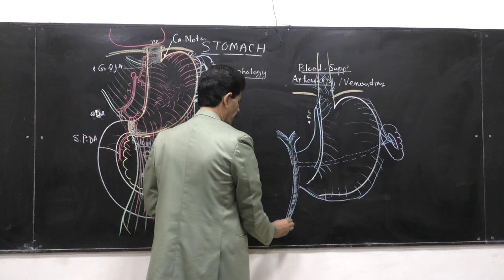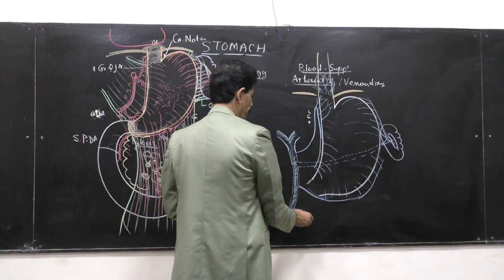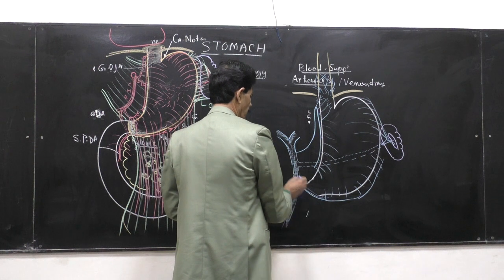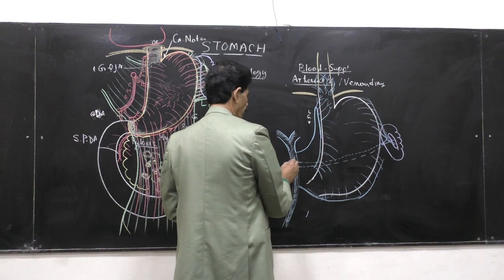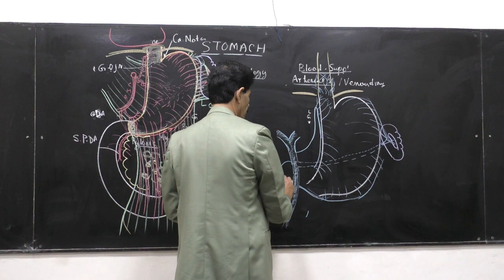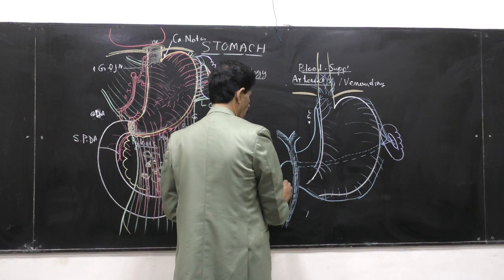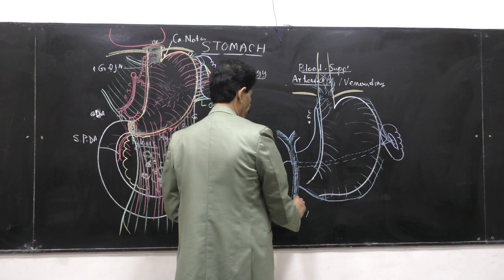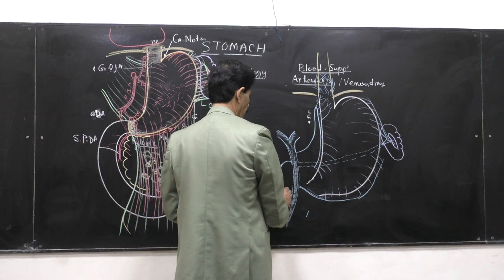So this is how, and then the superior and the inferior pancreatico-duodenal veins also open into the superior mesenteric vein.